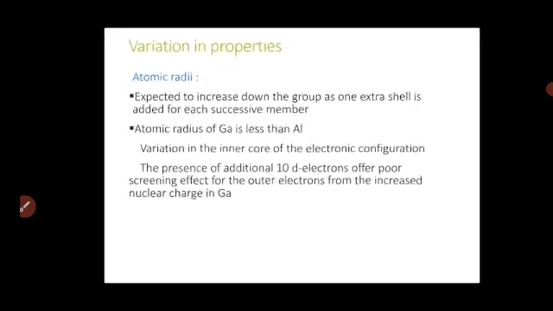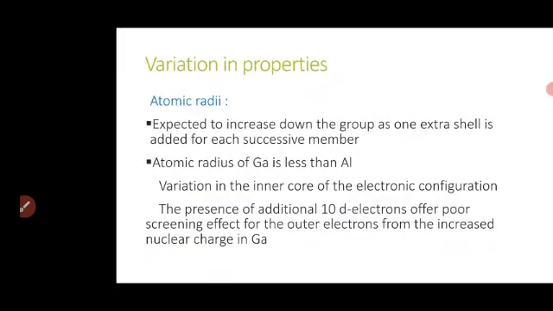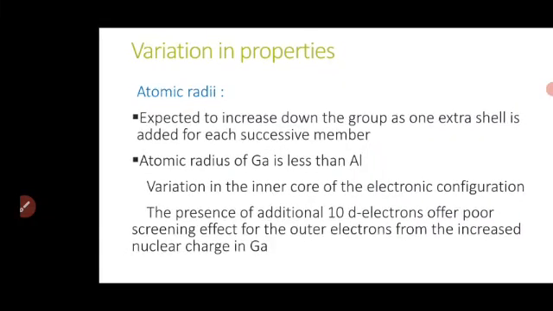Now let us study the variation in properties, how the properties are changing. Now we are going to study only group number 13. So let us start with atomic radii. Usually what happens as we move down, as the atomic number increases, obviously the new electron should enter a new shell, meaning the size should increase from top to bottom as successive members are added.